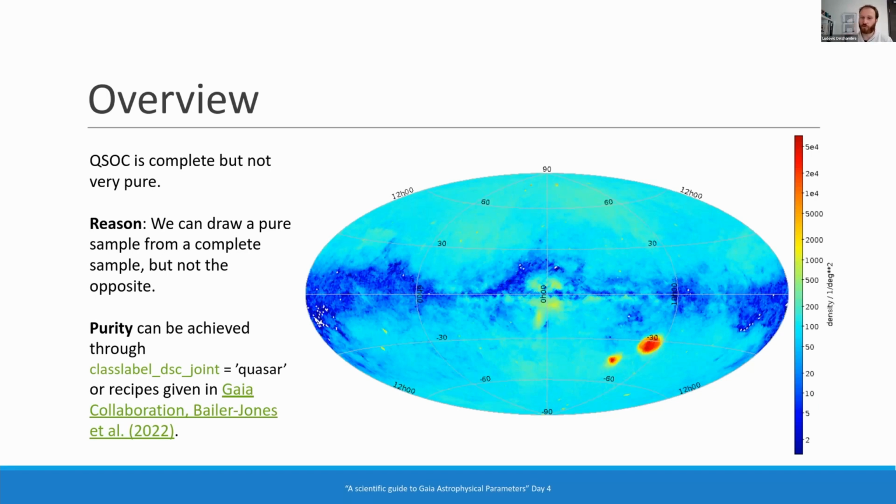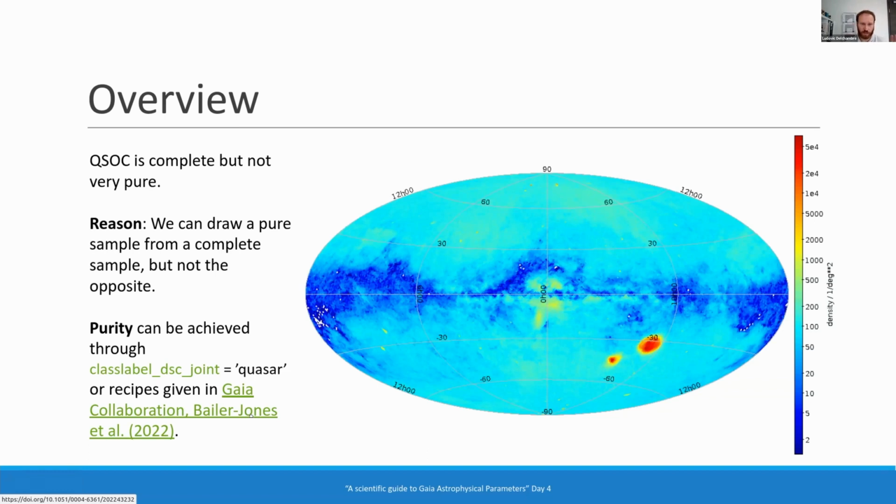If you want a redshift for a particular source, it is probably in the QSOC redshifts, while if we had a pure sample, we could not necessarily have this completeness. Anyway, purity can still be achieved using the pure class label derived by DSC, or there are also recipes given in the extragalactic content paper.